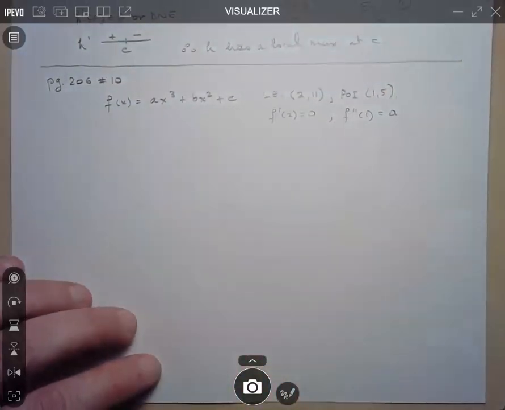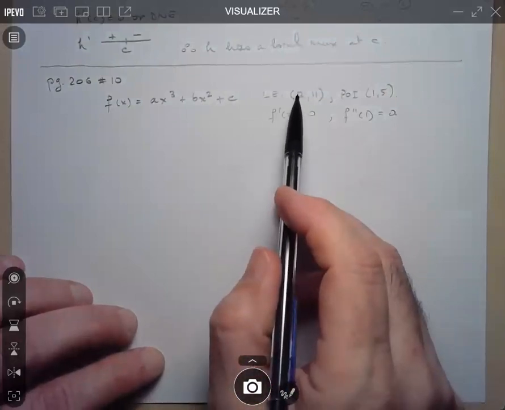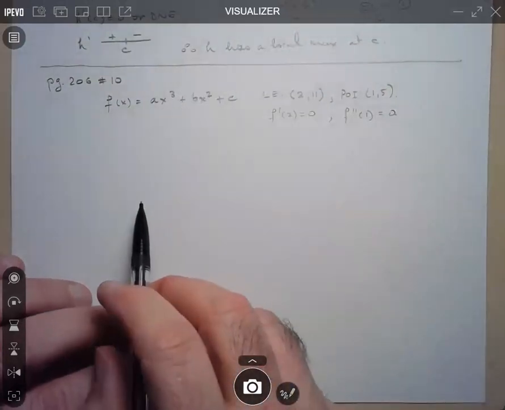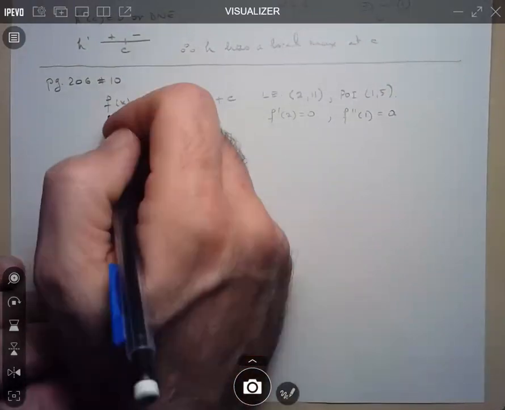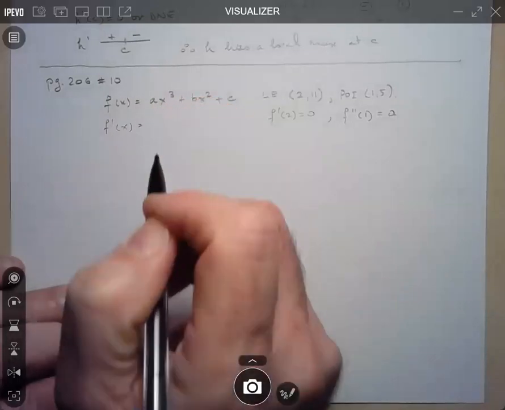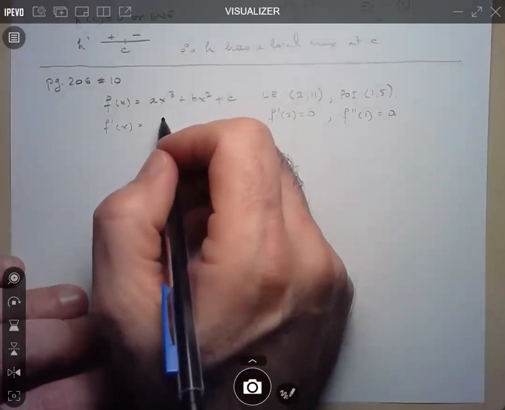Okay, so here's all my information, and of course keep in mind that these 2 points are also on the function. Okay, but as we've seen before, I'm not going to start with the original function, because when I take the derivative and the second derivative, I'm going to get simpler functions to work with. So make sure you're checking my algebra here.